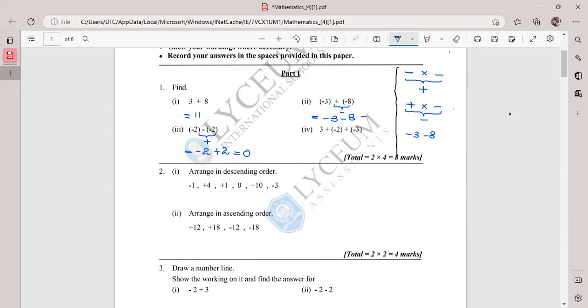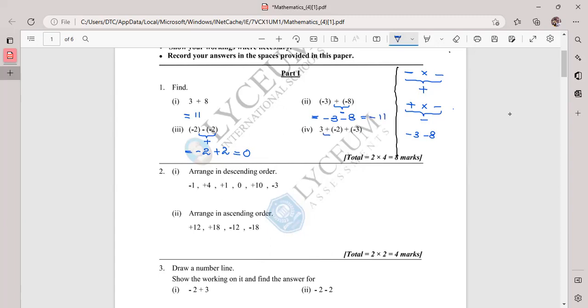Can you remember that we have a rule? When you have the same sign, you want to add these numbers, 3 and 8, it is 11, right? And what will be the sign? The negative sign, so this should be -11, right?